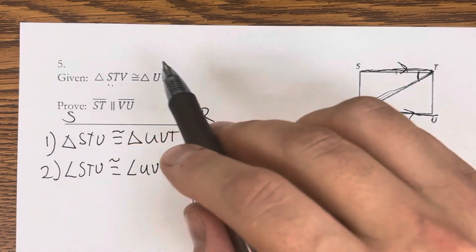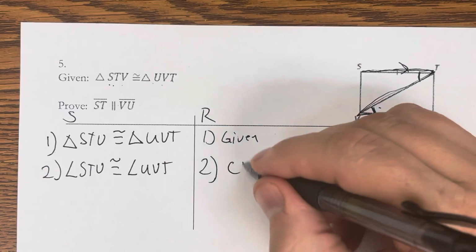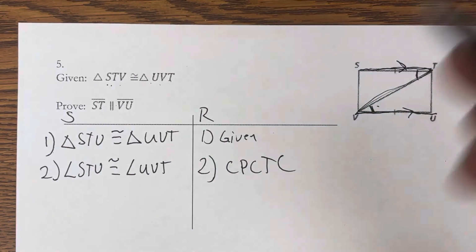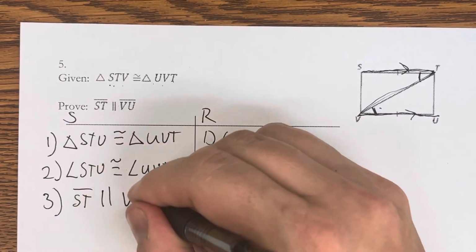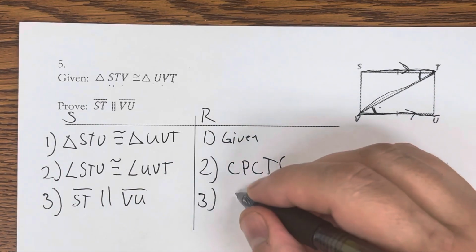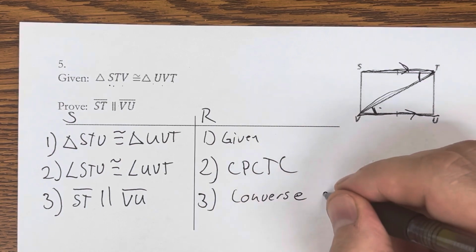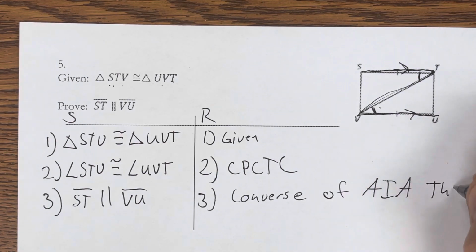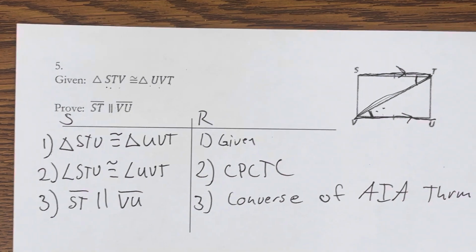Angle STV, yep. UVT, yep. We used our corresponding parts of congruent triangles are congruent. So now, since those 2 angles are congruent, I can say that ST is indeed parallel to VU. And my reason is the converse of alternate interior angles theorem. If the alternate interior angles are congruent, then the lines are parallel.